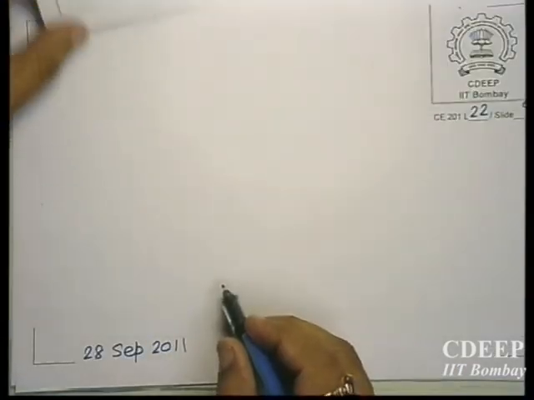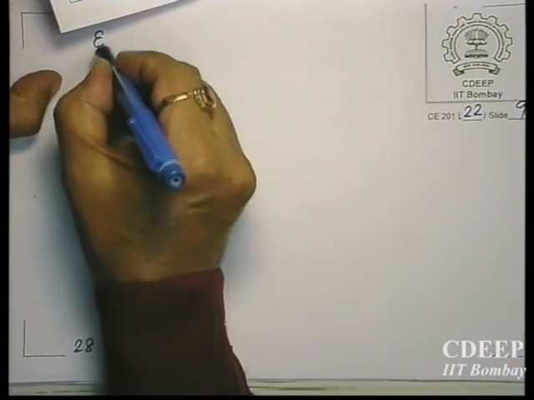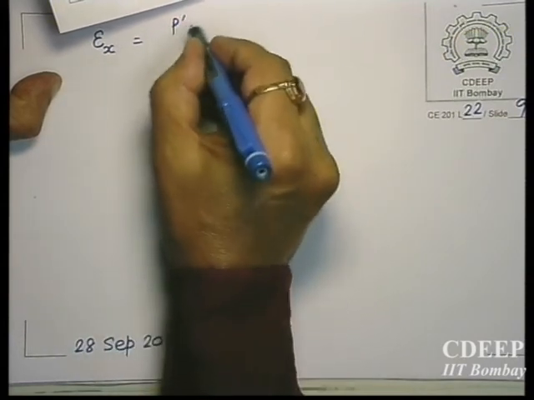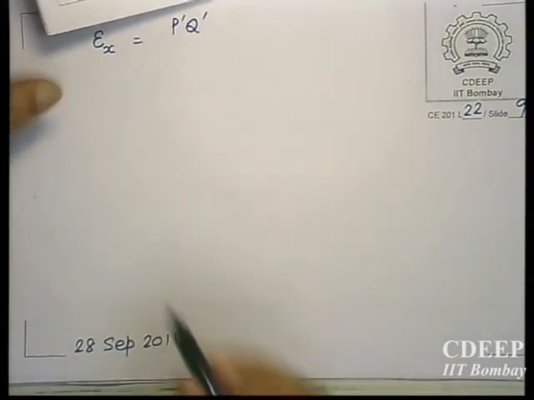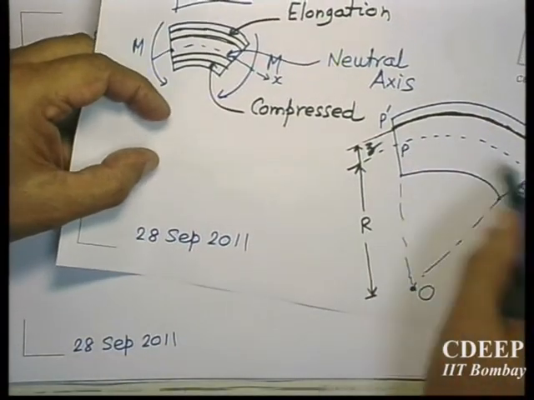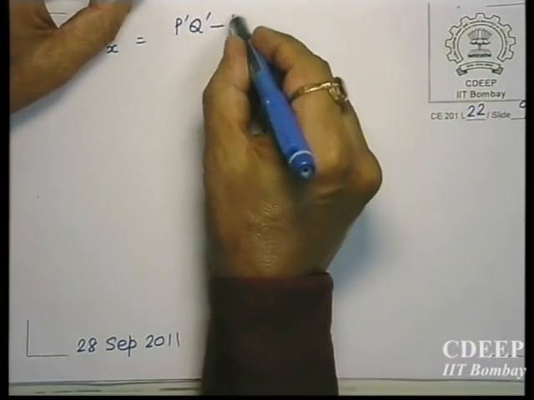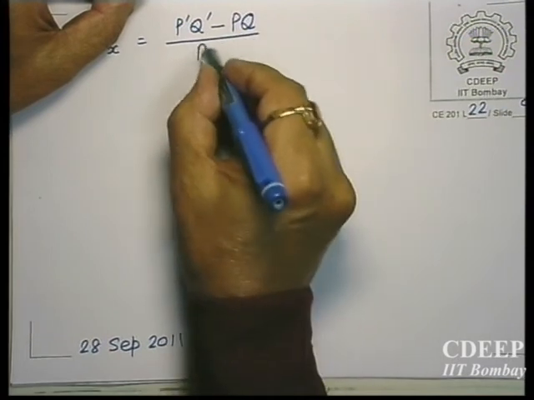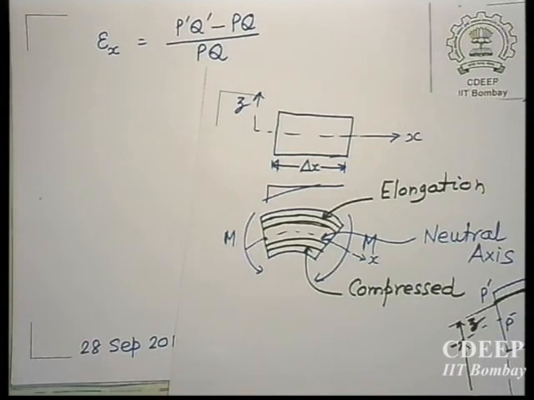So what is the longitudinal strain? The change in length in the x direction is P dash Q dash, the elongated length, minus the original length PQ on the neutral axis, divided by the original length PQ. This will give us the longitudinal strain.